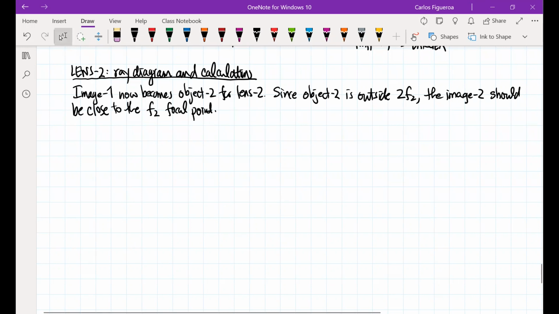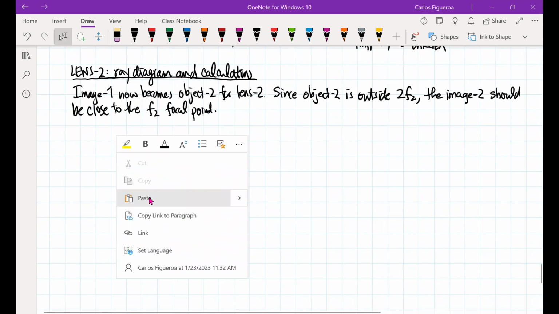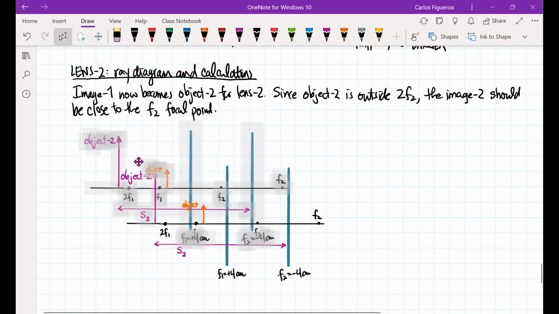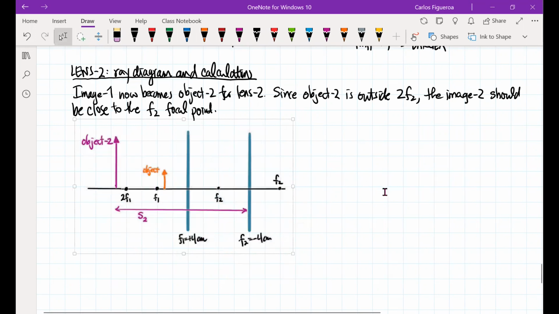Here I modified my image a little bit so that I could move a little bit faster. So here's my ray diagram, and look what I've done here. I've added the location of object 2, and I've labeled that as S2.